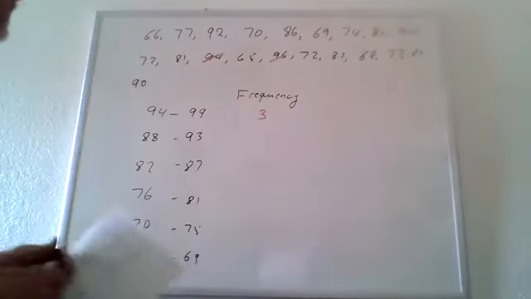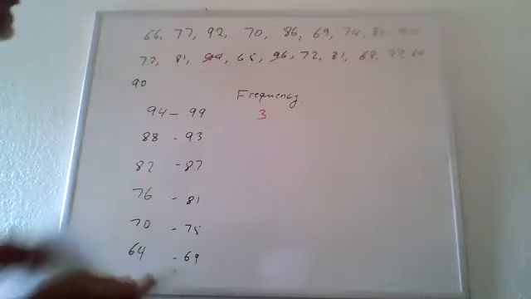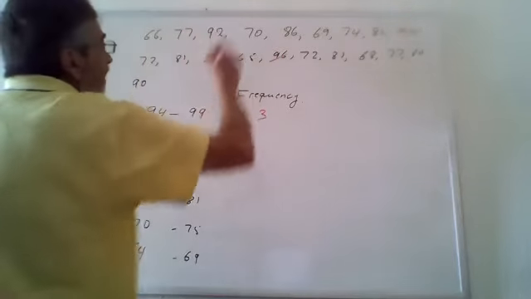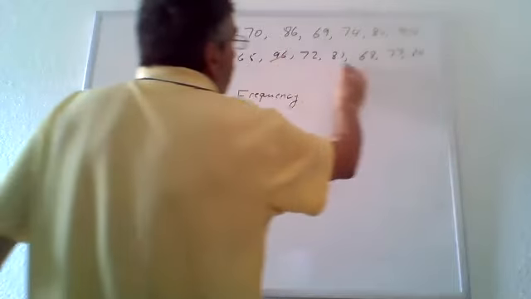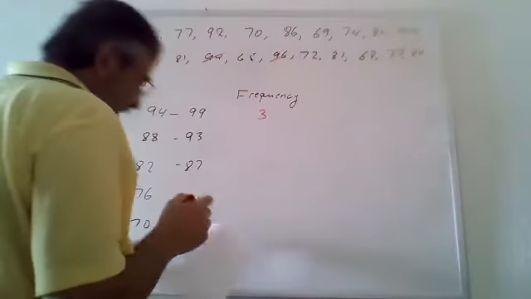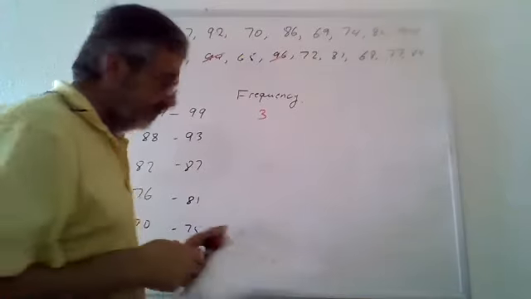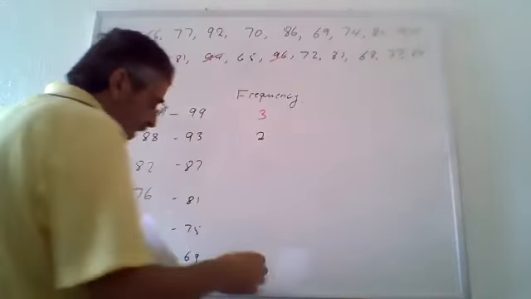Again, from 88 to 93, let's do that one more time. So we're looking at 88 to 93. This is in there, 1, and 90. So according to this, we have 2. So I'm going to write 2. And so on.